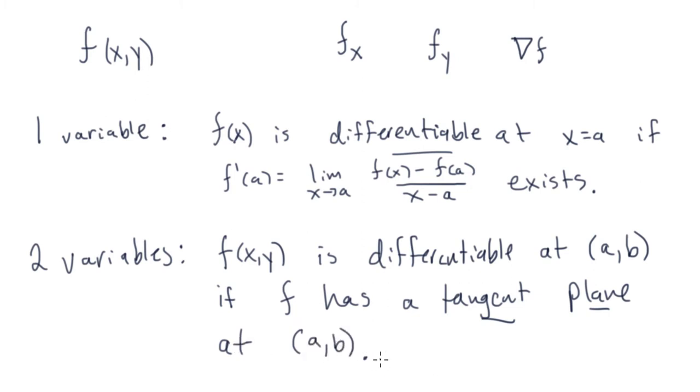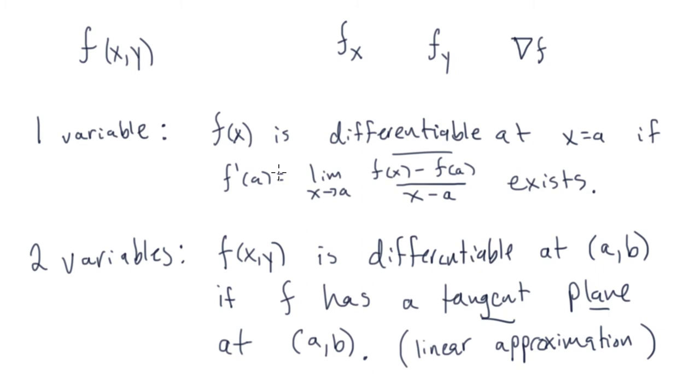So in other words, another way to say that this function has a tangent plane at a, b is to say it has a linear approximation. And this is really connecting back to the one variable case, because for the derivative to exist in the one variable case, we also needed to have a tangent line, and we had the interpretation that the derivative was the slope of that tangent line.